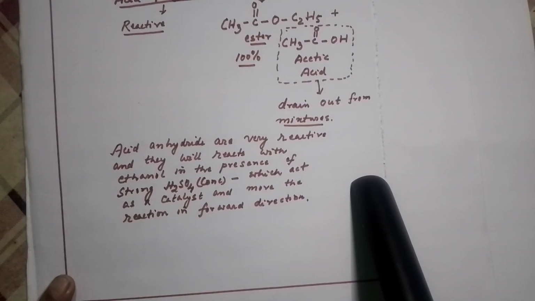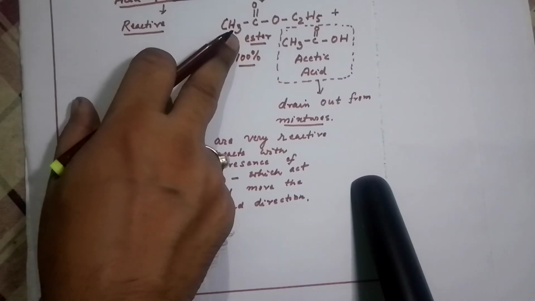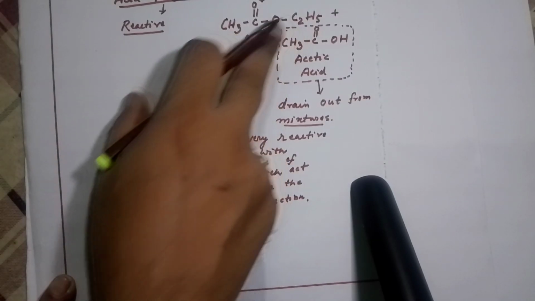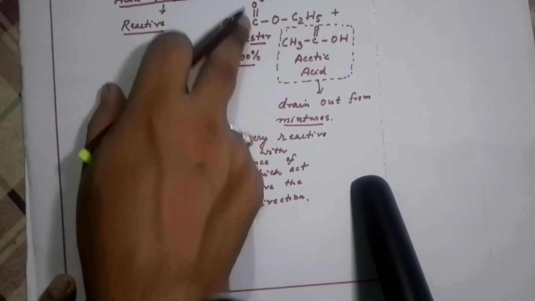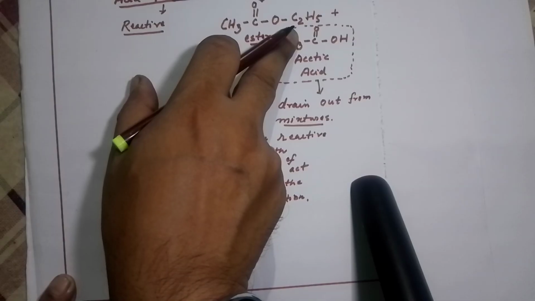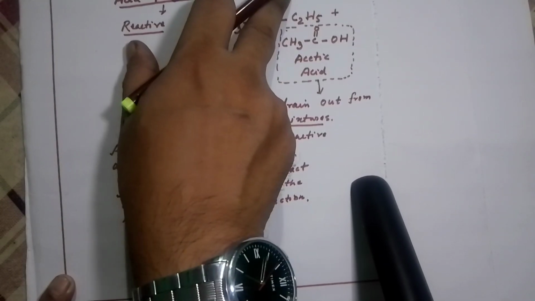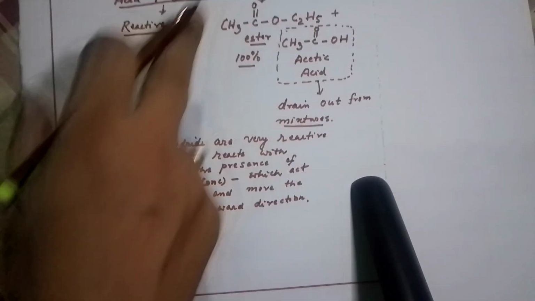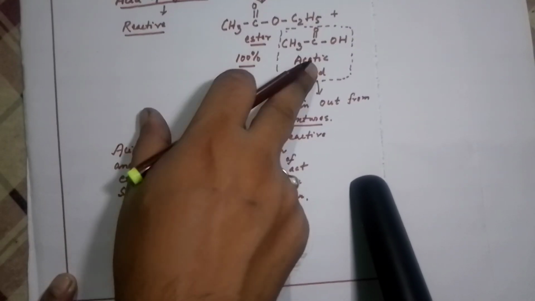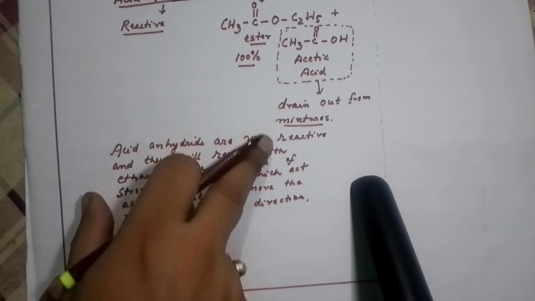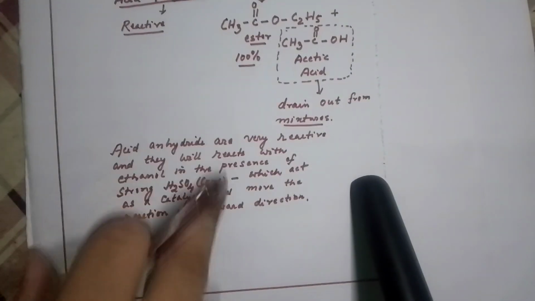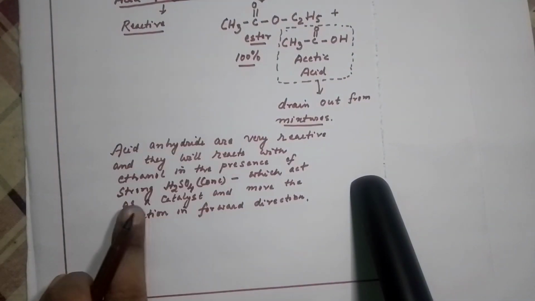So acid anhydrides are very reactive and they will react with ethanol in the presence of the acid to form ester. The ester name is ethyl acetate. So this ester group COOC2H5, or there may be any alcohol group, it may be phenol, methyl, propyl, whatever you add. You'll get the byproduct acetic acid, which will be drained out continuously. We have to drain it out to get 100%.